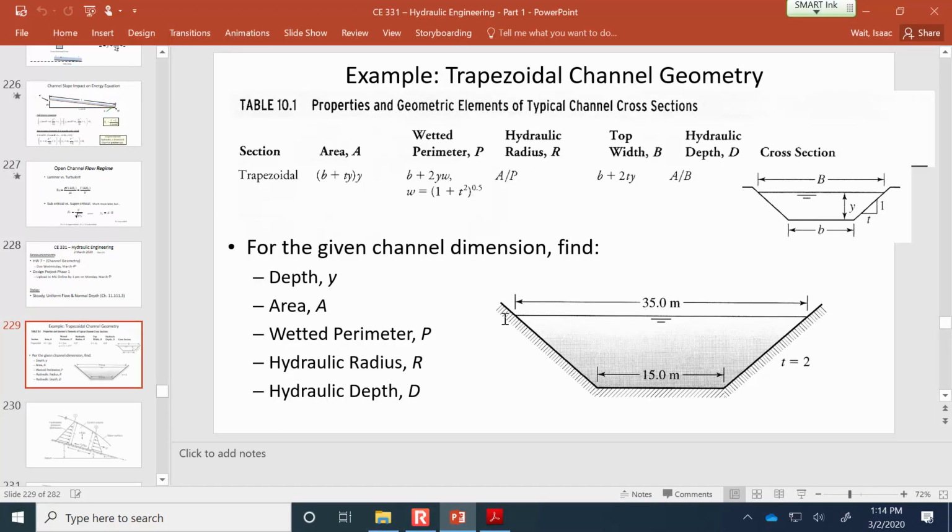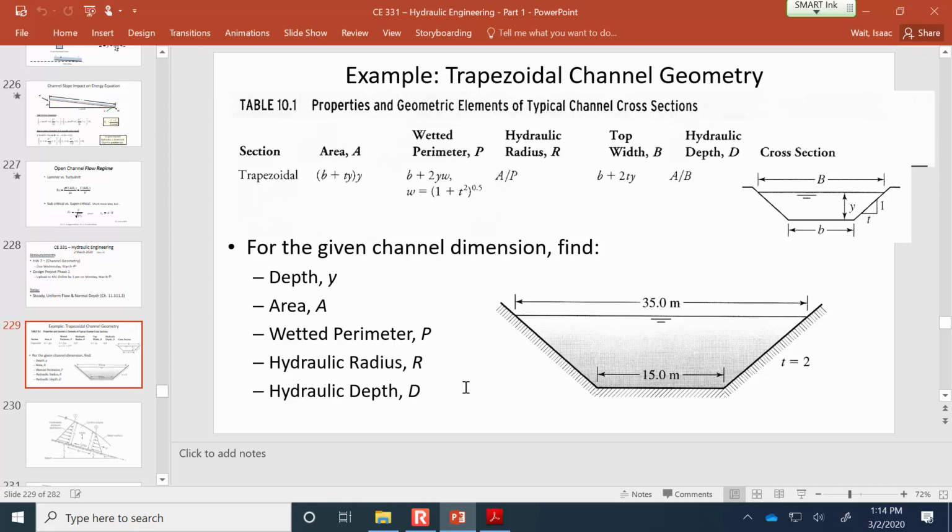that angle is going to affect the overall wetted perimeter. If it's vertical, then it's relatively easy to find the wetted perimeter. If it's a rectangular channel, then the wetted perimeter is simply the depth of flow on either side plus the bottom width. But as the channel lays down and as the T value increases, then the wetted perimeter is going to go up as well.